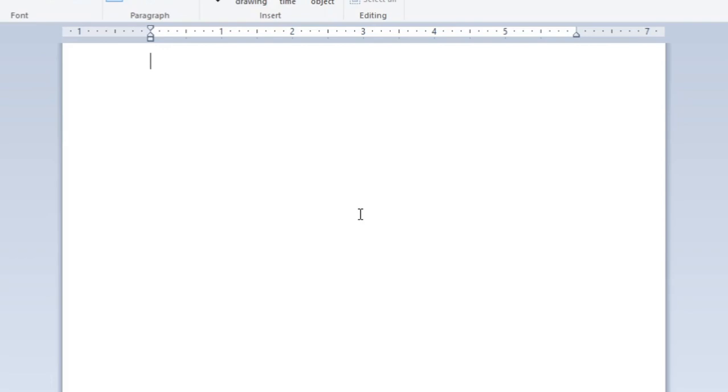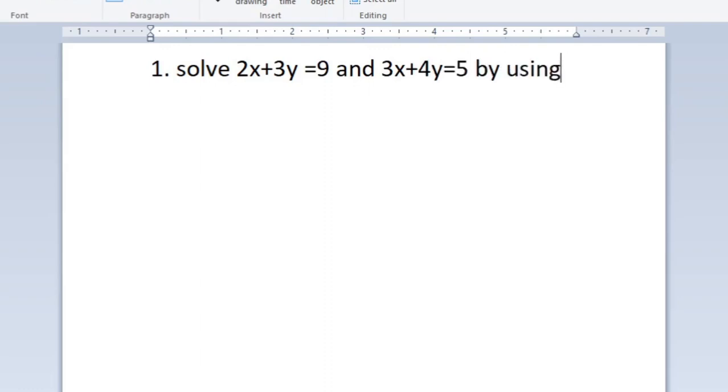So for that, I hereby take a problem, that is: solve 2x plus 3y is equal to 9 and 3x plus 4y is equal to 5 by using elimination method.